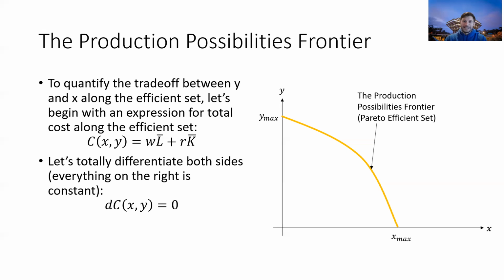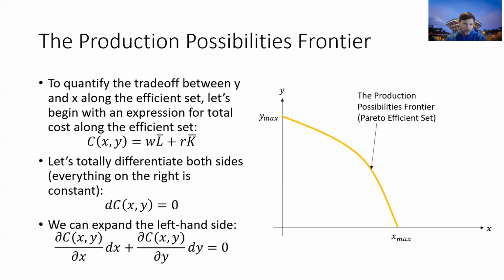And dc, the differential of the left-hand side, how can the left-hand side change? Well, it can change because we changed X. It could change because we changed Y, or it could change because we changed both. The term in the green here is how much the cost changes when we change X by a little.